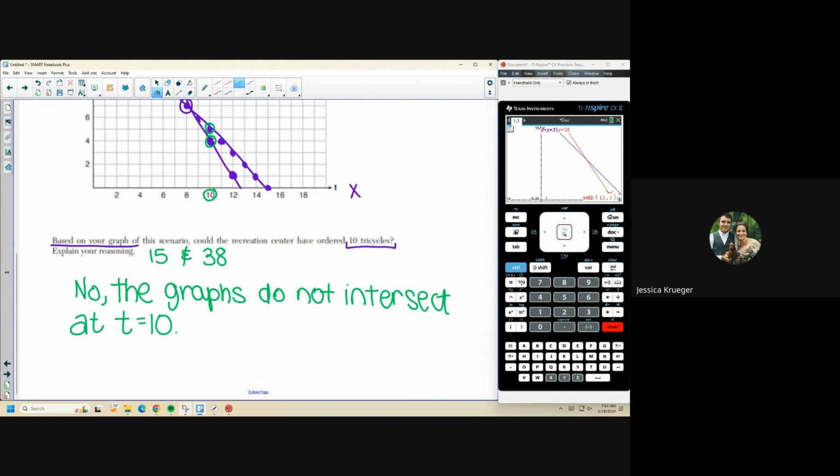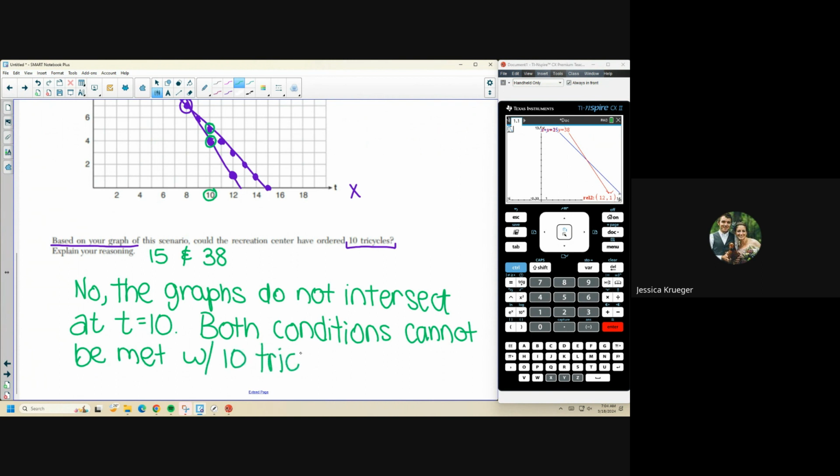So that would mean one of your conditions was true, but the other one wasn't. They can't be true at the same time. Both conditions cannot be met with 10 tricycles. The only way both conditions can be met is if we order 8 tricycles and 7 bicycles.